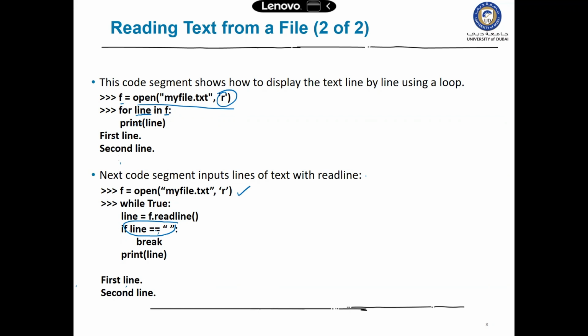If the line equals the empty string, break. And then you print the text, and it'll be something like this. So this is an example. You may need it, you may not, depending on the nature of the problem. But from my side, I'm mentioning it for the sake of knowledge, since in the future you may come into a problem that needs this command.